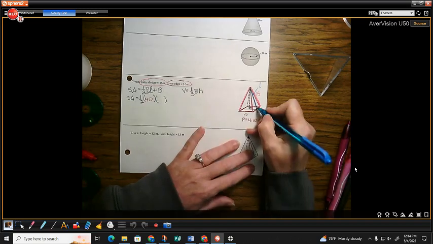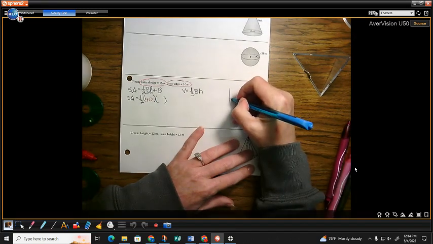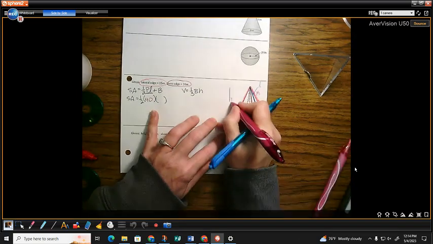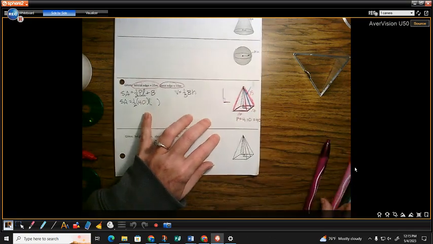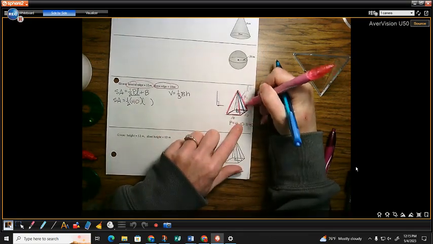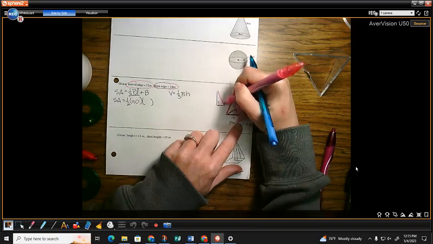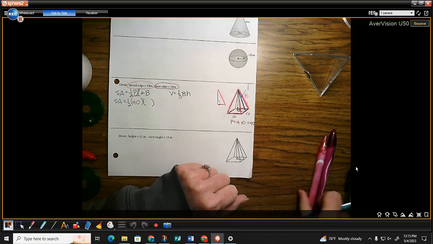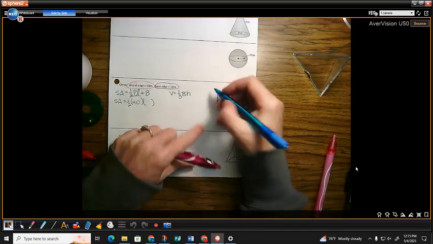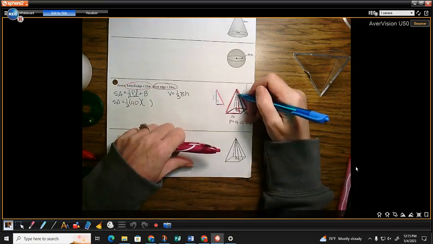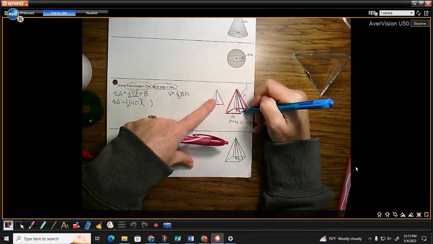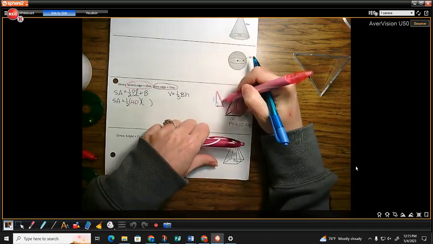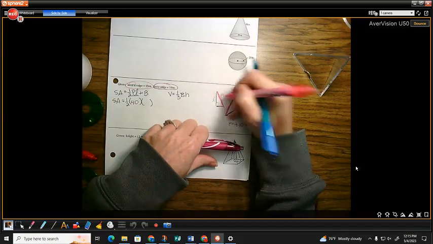Slant height is perpendicular to the base of my triangle, and this lateral edge runs like this. What shape have I made? A right triangle, and the slant height is running down the middle. My lateral edge is the hypotenuse.